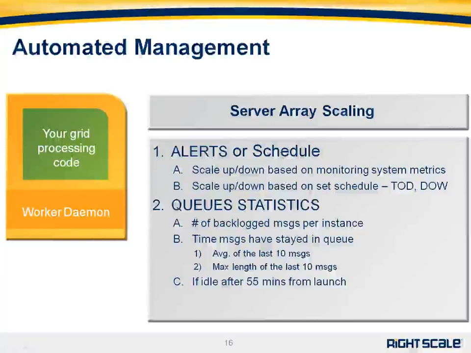The second is you can look at aging. So essentially, how long has that message sat in the queue? There are very specific use cases where you take advantage of that as well. And then finally, there's intelligence within RightScale that understands the economic and charge model of the cloud providers themselves. In the case of Amazon, when it comes to instance utilization, you're paying by the hour.